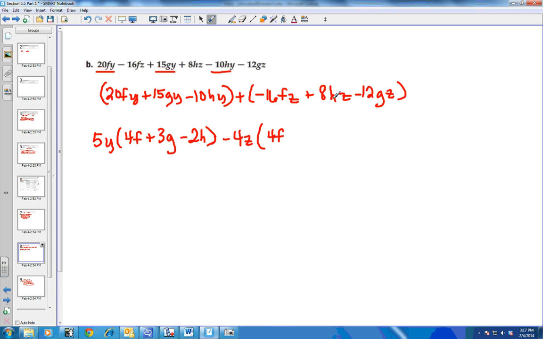When I factor out a negative 4 here, that leaves me with a negative 2h, which is good, it's right there, just in a different order. And then my 12, that would factor out negative 4, giving me plus 3g. And that's good because I have it here. I have the same thing in my set, just in a different order. So when I write down my answer: 5y minus 4z, times 4f plus 3g minus 2h.